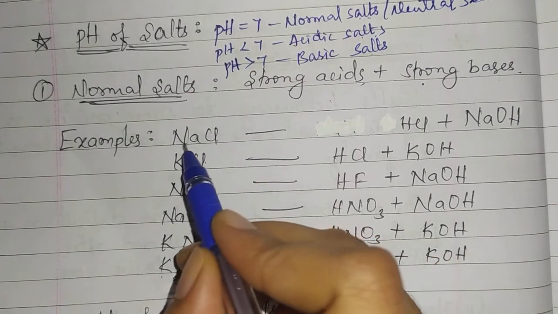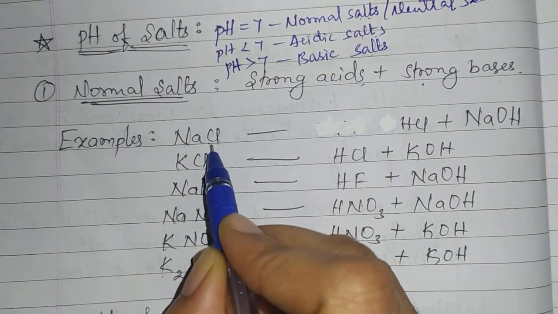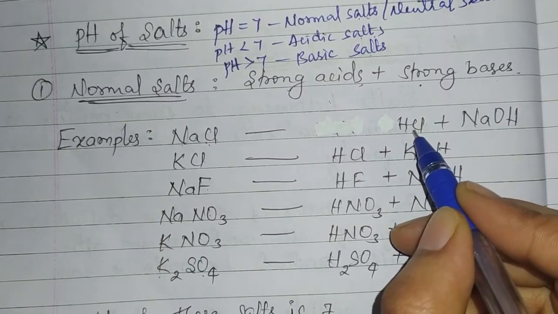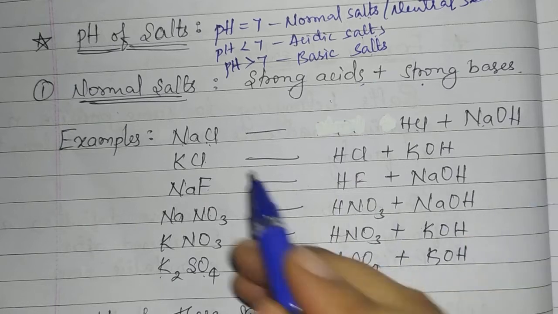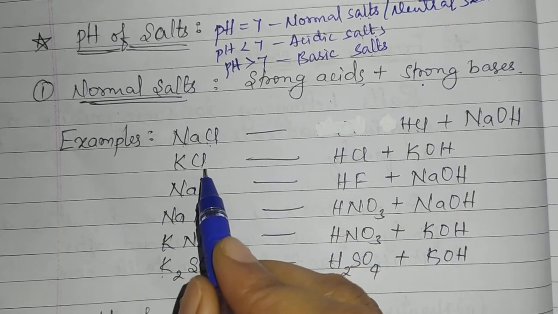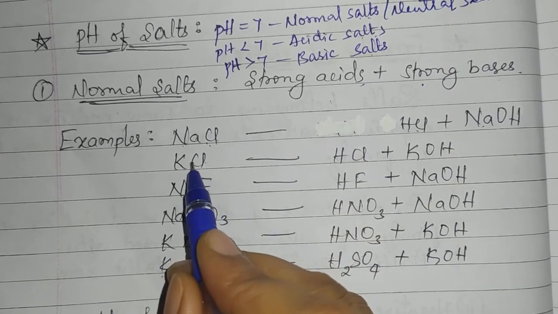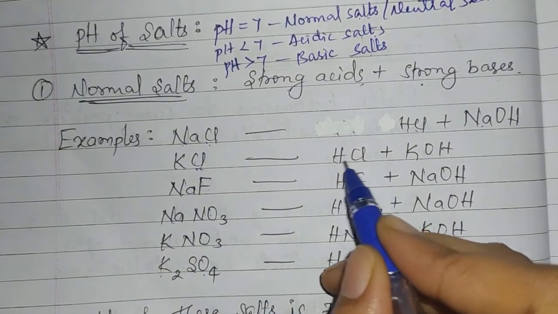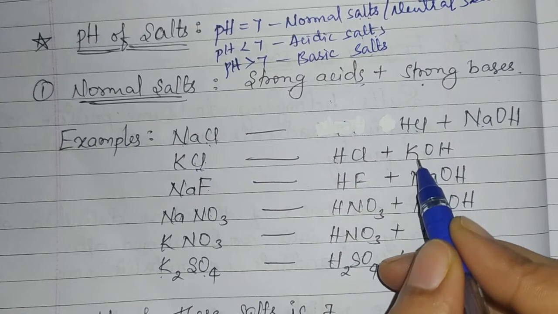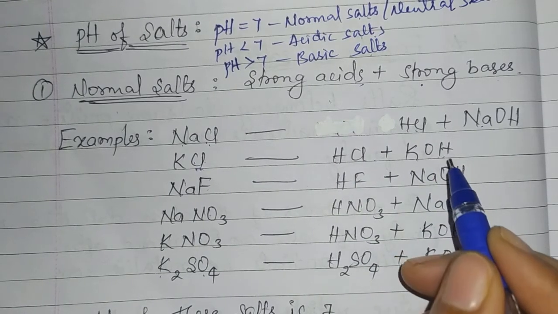See here, sodium chloride is a salt formed when a strong acid like hydrochloric acid reacts with sodium hydroxide. Potassium chloride is a normal salt, a neutral salt. It is formed when hydrochloric acid reacts with potassium hydroxide base.